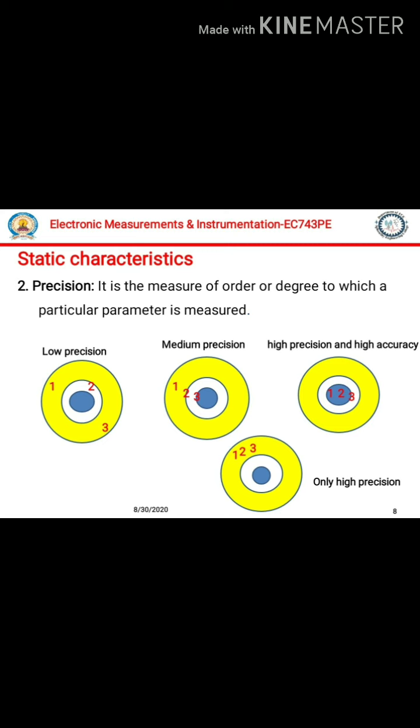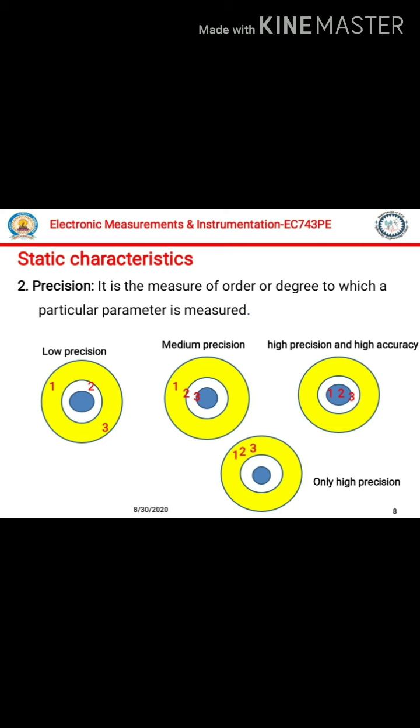As far as the difference between successive readings is considered, the third and fourth diagrams both show high precision. As for accuracy, the third one is more accurate because all three readings are close to the center of the circle, the true value. If you try to find only precision, nowhere do you compare with the true value.